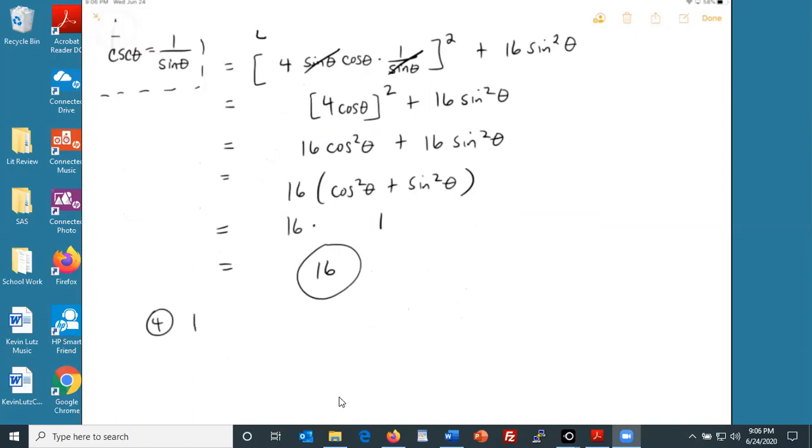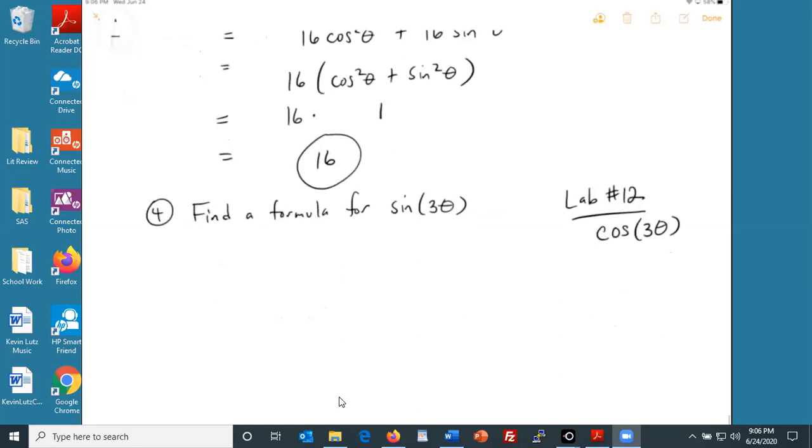All right, now let's find a formula for the sine of 3 theta. Now, I'll tell you right now, this is like lab problem number 12. In problem number 12, you're being asked to find a formula for the cosine of 3 theta.